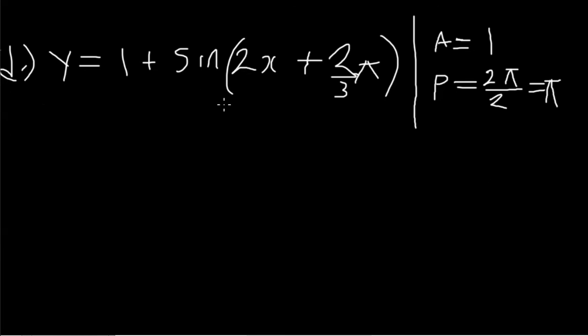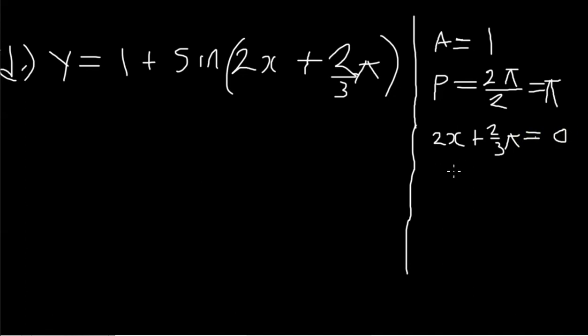First we're done with finding the period. Let us finish everything in advance first. Let us find the first point where our first cycle is going to start from. To find the first point, you have to equate all this to 0. So 2x plus 2 over 3 pi is equal to 0.